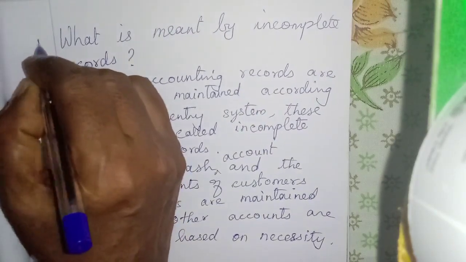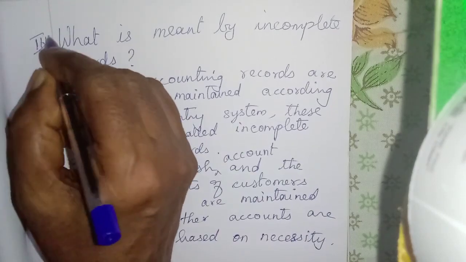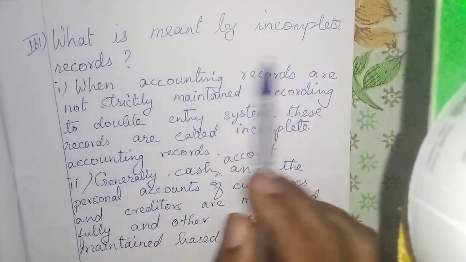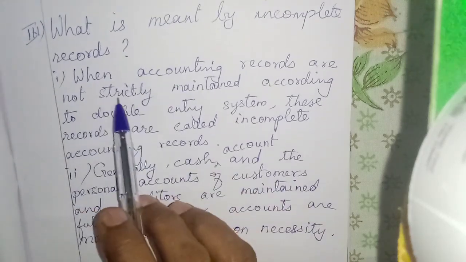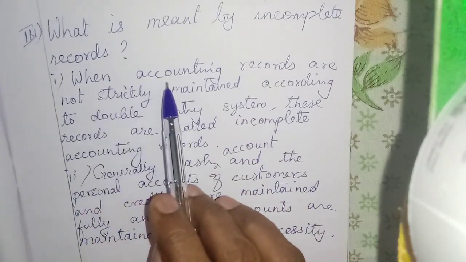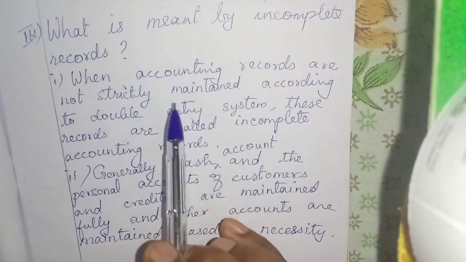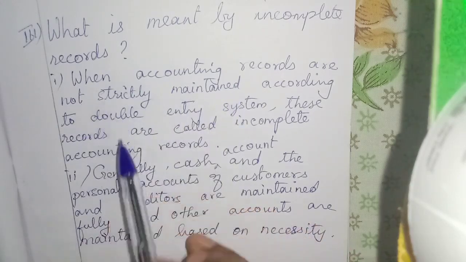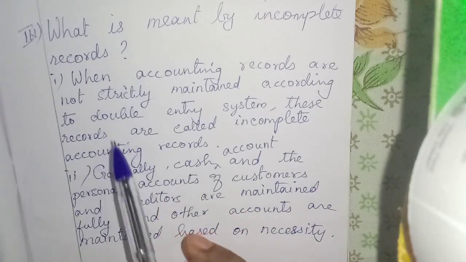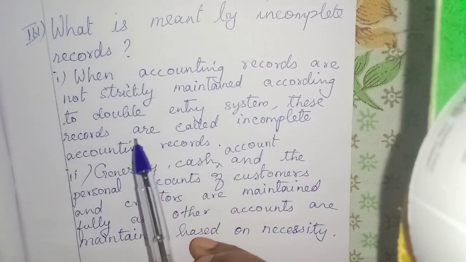This 2 mark question, number 1: What is meant by incomplete records? The same sentence given in the textbook I have given, so you write it, and when we get the textbook we will mark the same question and answer in the book, and it will be easy for you to study.